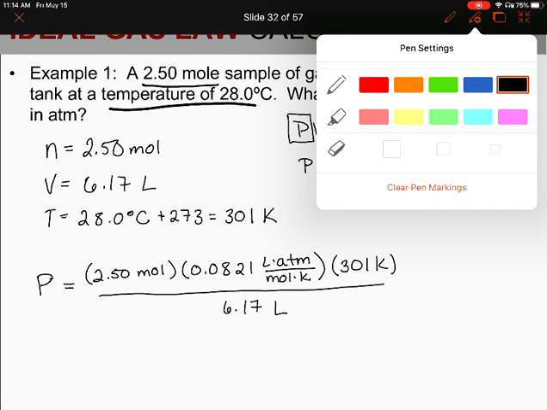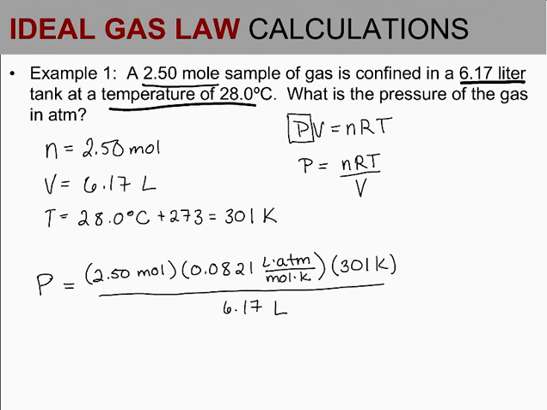All right, now let's try to cancel some of these units. Make sure we're going to end up with atmospheres, which is our unit of pressure. So you'll notice that moles will cancel because the moles in the gas constant are in a denominator, and the moles for the 2.5 moles are in the numerator. And then the same logic works for canceling Kelvin. And then we do have units of liters in the numerator and the denominator here, so those will cancel as well.